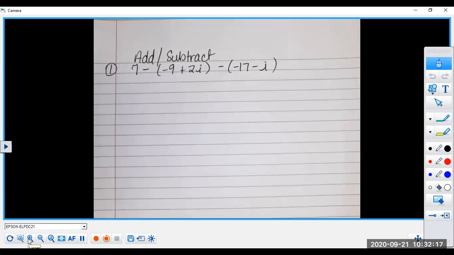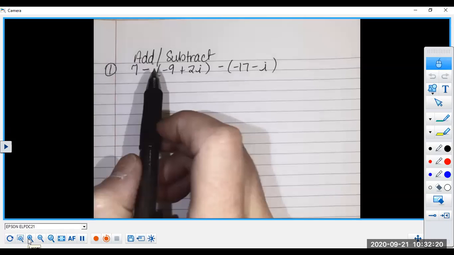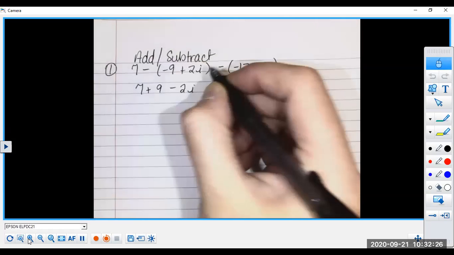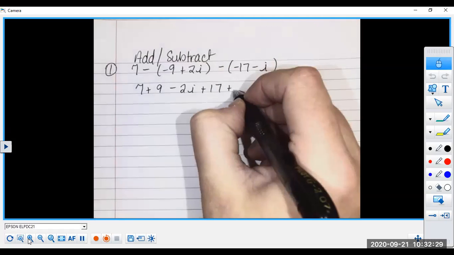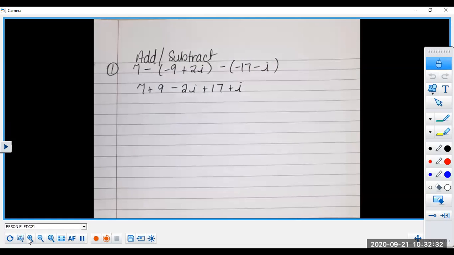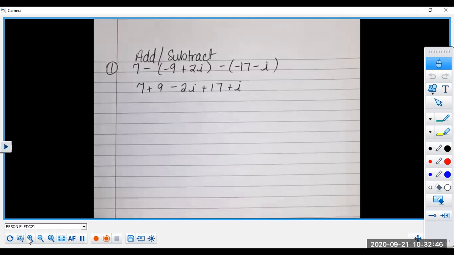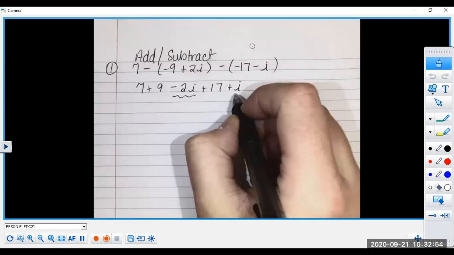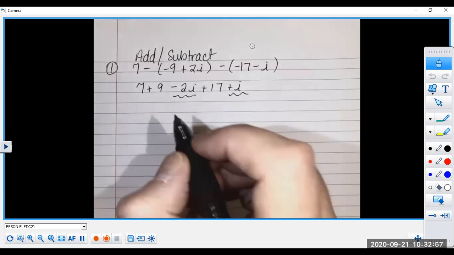Go through and distribute the negative signs that you see here and here. So 7 plus 9 minus 2i plus 17 plus i. Then simply combine like terms. When distributing negatives, if you have multiplication, which we're going to see later on, you would do that first. The only powers of i you've got are negative 2i plus i, which makes negative i.